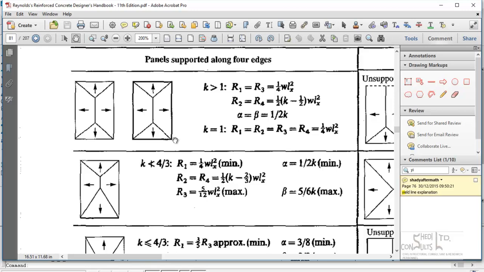There are requirements for constructing yield lines. Yield lines form at boundary edges. So you have a yield line here. A yield line is where you have the moments at maximum and where the potential for slab failure would occur. That's what we refer to as a yield line.